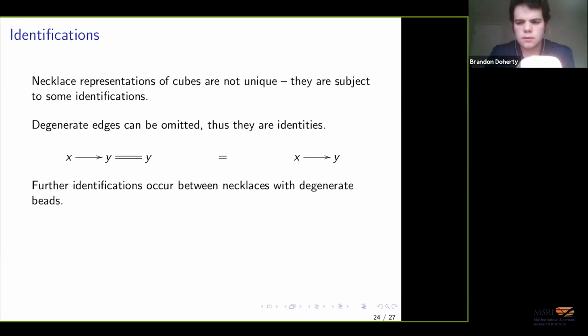And there are further identifications that we do between the necklaces that have some of their beads degenerate. I won't get into the details of those now because they're fairly technical.